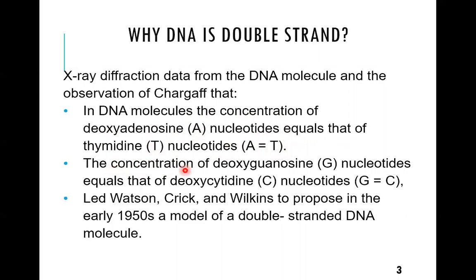And the concentration of deoxyguanosine G nucleotide equals that of deoxycytidine C nucleotide. So the concentration of guanine equals cytosine. That suggested that Watson, Crick, and Wilkins proposed in the early 1950s the double strand model of DNA.